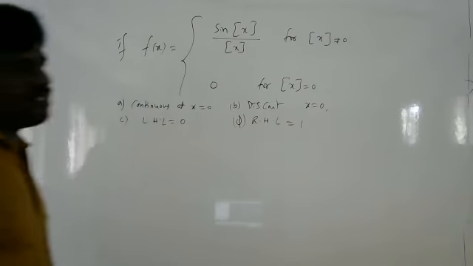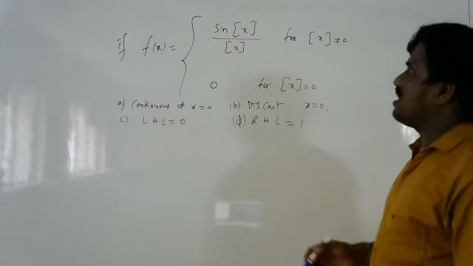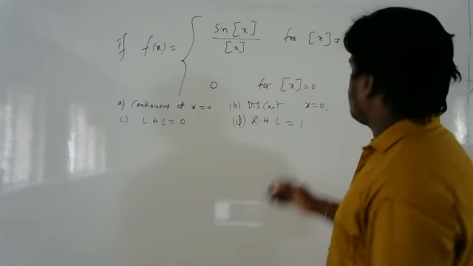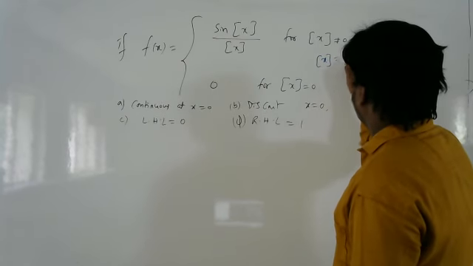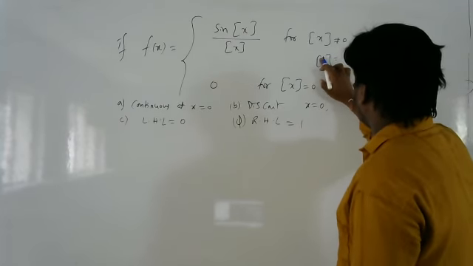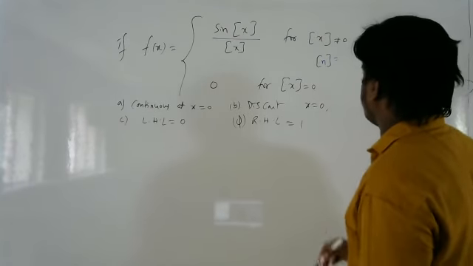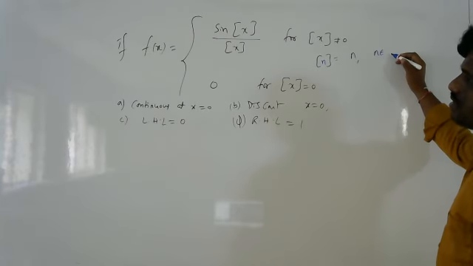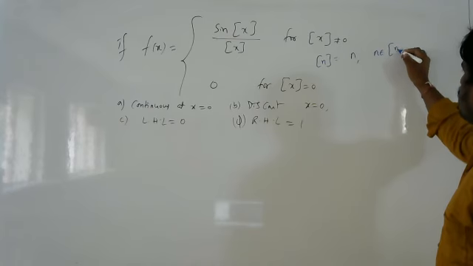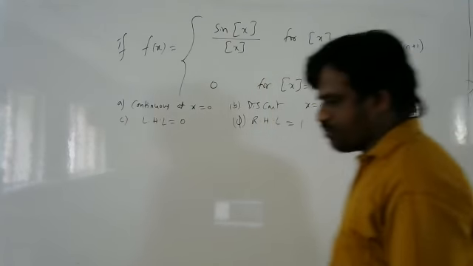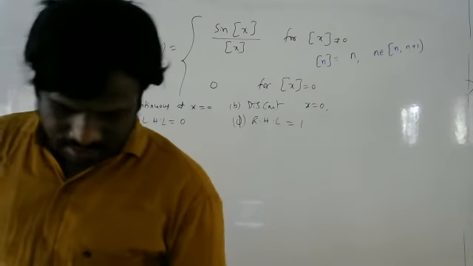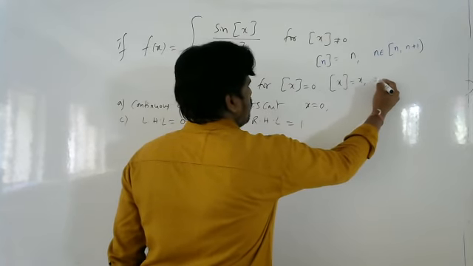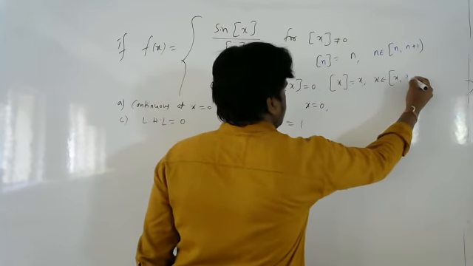We have to redefine this. You know what is that here, we say greatest integer. Suppose greatest integer n is equal to n when n belongs to [n, n plus 1). Suppose I am taking x, I repeat again, the meaning is greatest integer x is equal to x when x belongs to [x, x plus 1).